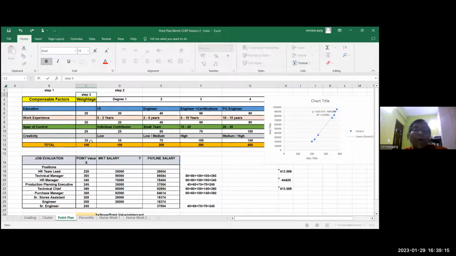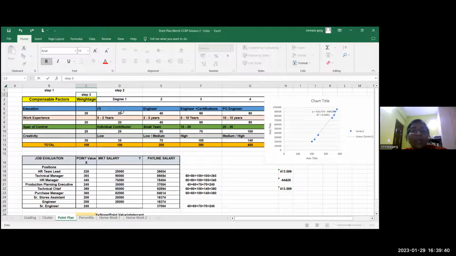Okay. Now, having done that, the last step, step 4, what you need to do is populate your point plan. When I say populate your point plan, here the point plan is 400 points. So what will you do? You will multiply this weightage with this degree. 20 multiplied by degree 1, 20, 40, 60, and 80.